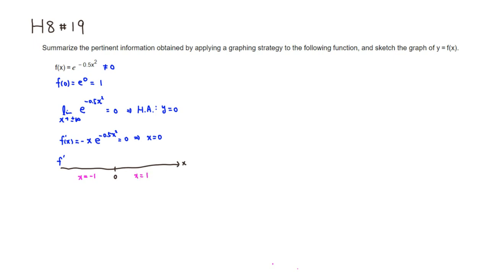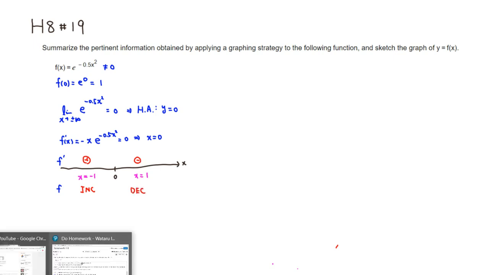If x is negative 1, negative times negative 1 is positive, so it's going to be positive here. If x equals 1, it's negative, so it's going to be negative there. Which means that the original function is initially increasing up to 0, then decreasing after 0.